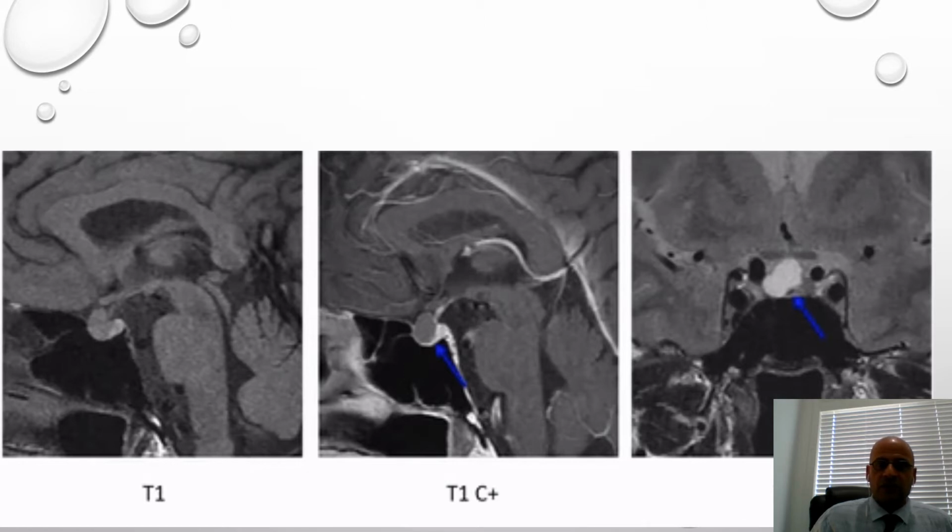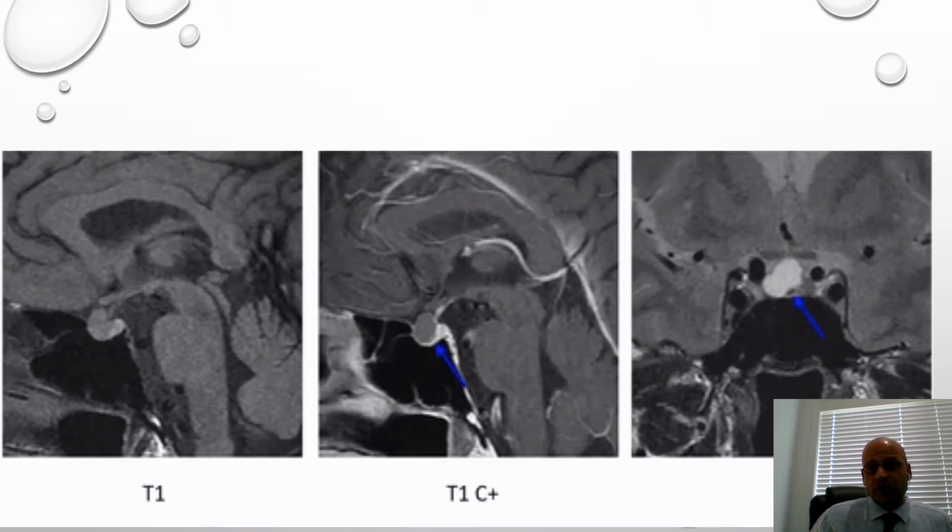And on T2 images, this mass lights up, it's actually hyperintense to the gray matter, in a clear representation of protein.